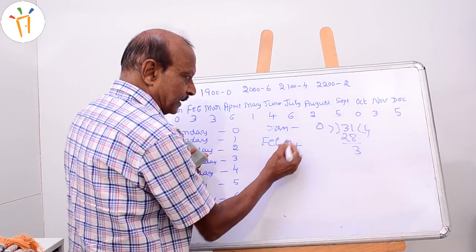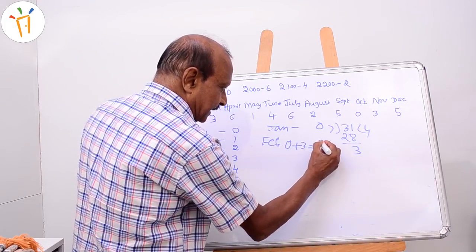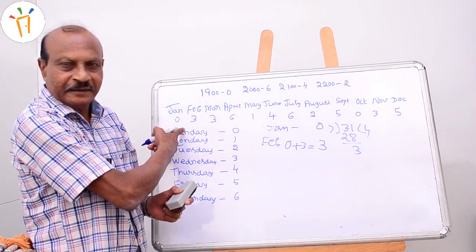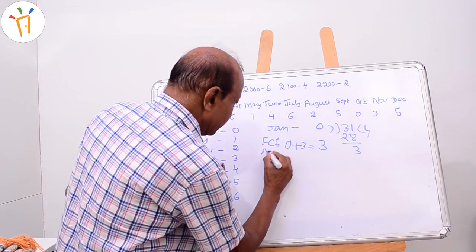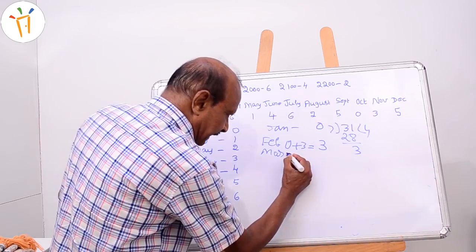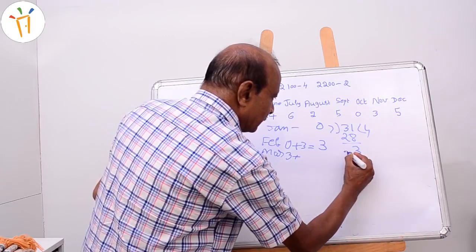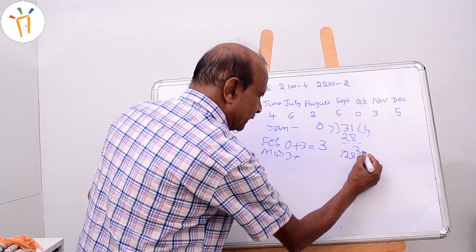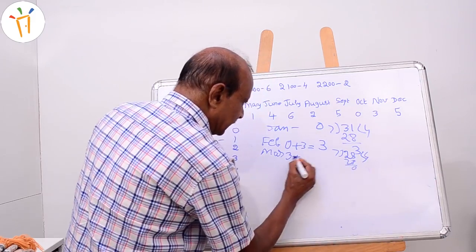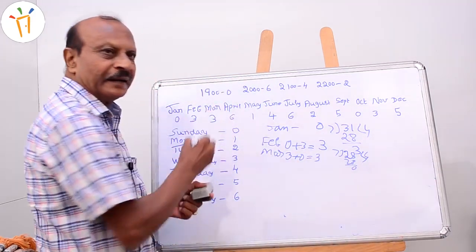So for February, this January code number plus 3. 0 plus 3 is equal to 3. This is the code number for February. And for March, you take the previous code number for February, 3, plus the number of days in February, which is 28. Divide by 7, you see 0. 3 plus 0 remainder is equal to 3. March will be code number 3.